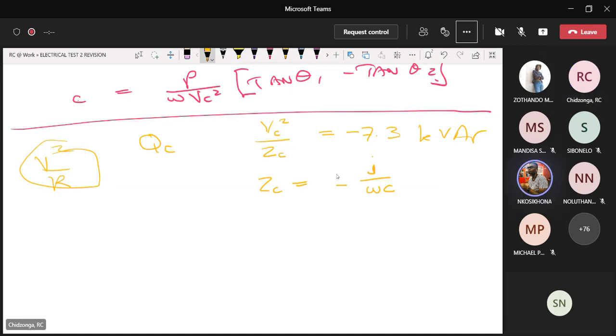Yes, sir. This minus j, we understand that. You see, this is just saying it's reactive, and this negative is manifest there. So if you take the magnitude part of this and the magnitude part of that, what we are saying is VC squared over 1 over omega C, which is the magnitude part of this, is equal to 7.3. That's all.